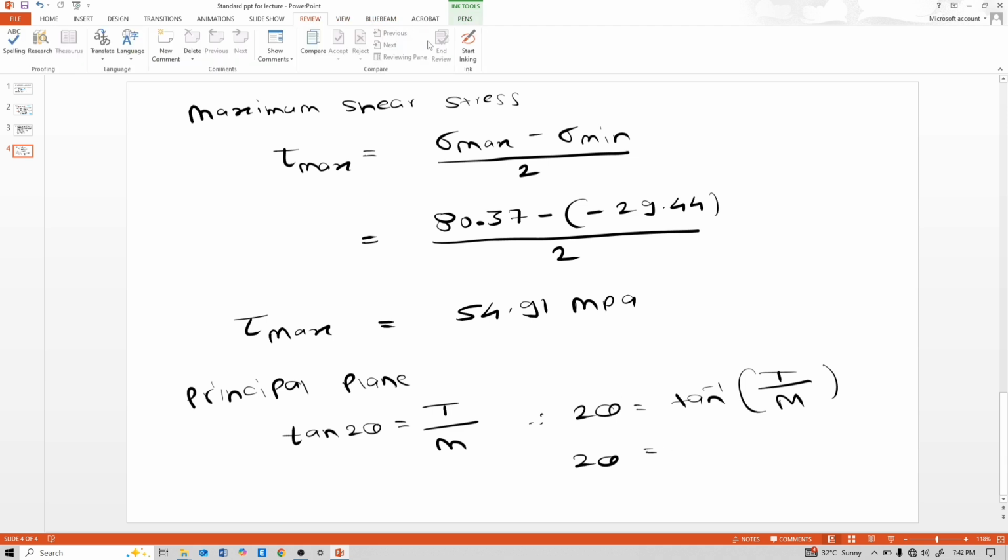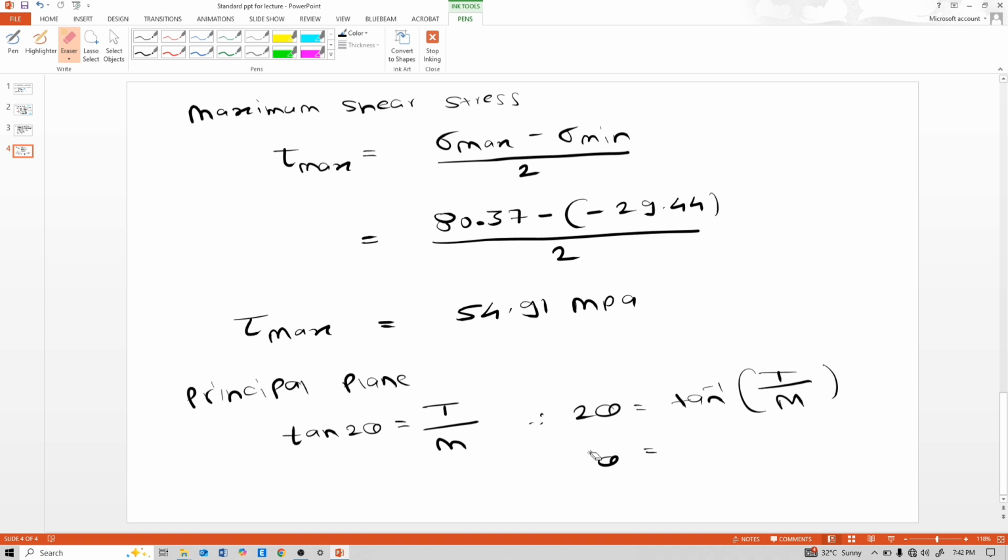Divided by 2, that means this theta comes 31.18 degree. So these are just mathematical calculations. Theta 2 is equal to theta 1 plus 90 degree, this is theta 1. So 31.18 plus 90 is 121.18 degree.